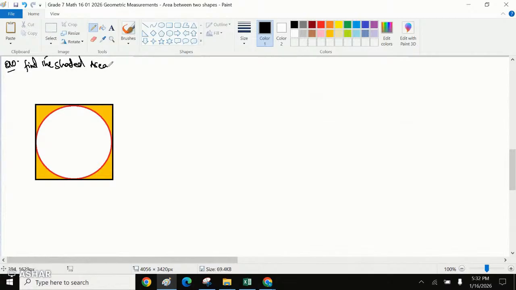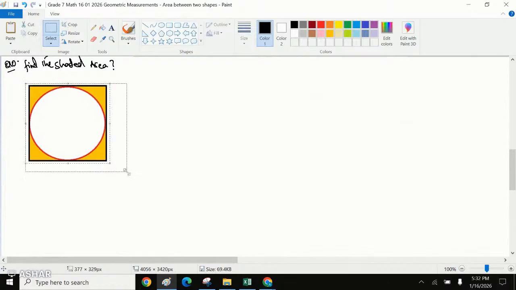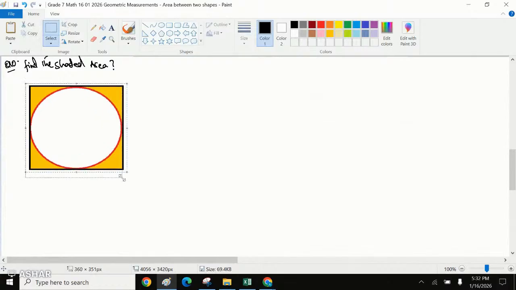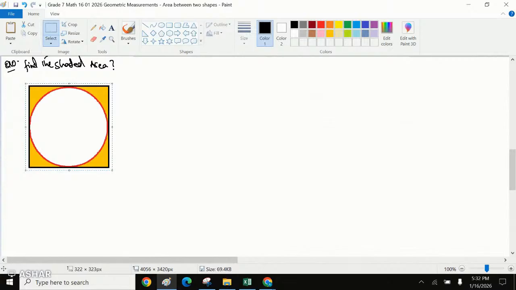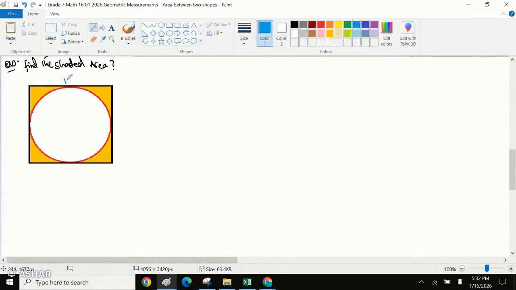Let's suppose some dimensions. If this shape is a square, sorry, this looks like a square. So can we say that this is 14 centimeter by 14 centimeter?